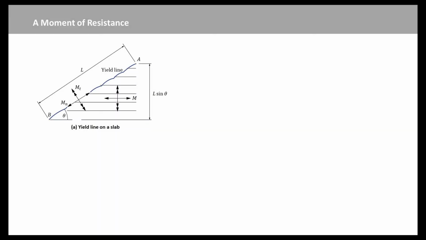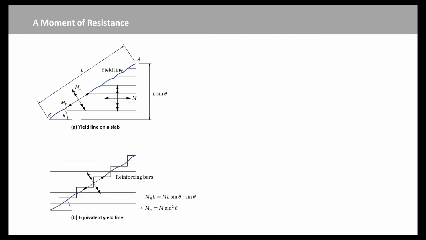Consider initially a slab with reinforcement in one direction only. In general, a yield line will be inclined to the reinforcement, as shown in Figure A. It is assumed in yield line theory that the reinforcement bars are yielding, but remain straight, where they cross the yield line. There is enough reinforcement to provide a moment of resistance m per unit width.